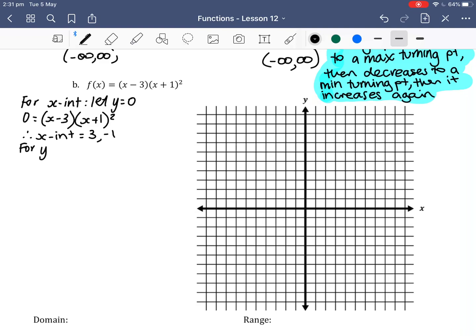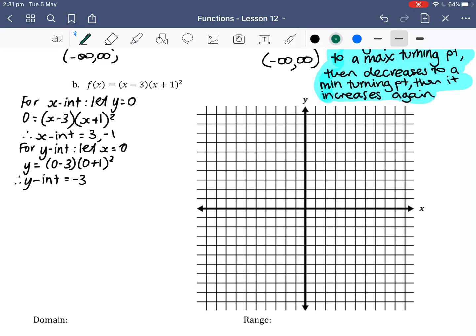So then for our y-intercept, we let our x equal 0. So it is y equals bracket 0 minus 3 times 0 plus 1 all squared. So this equals a y-intercept of negative 3.